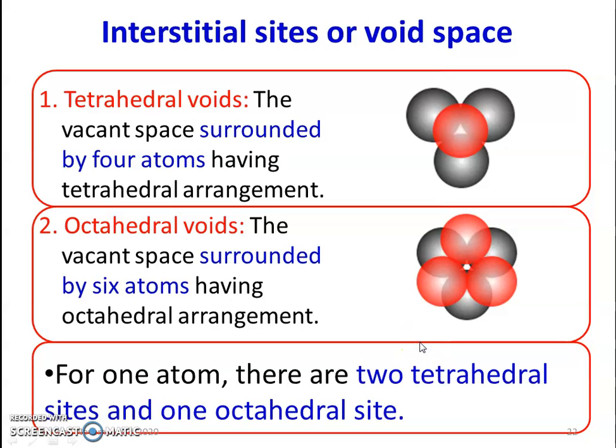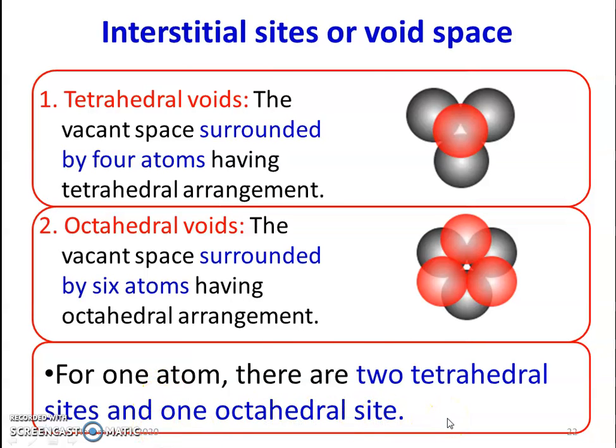The most important thing is, if the number of close packed spheres is n, then the number of octahedral voids is equal to n, and the number of tetrahedral voids is equal to 2n. The meaning of this is, for one atom there are 2 tetrahedral sites and 1 octahedral site. It means in a particular crystal, if there are n atoms, then there will be 2n tetrahedral sites and n octahedral sites.